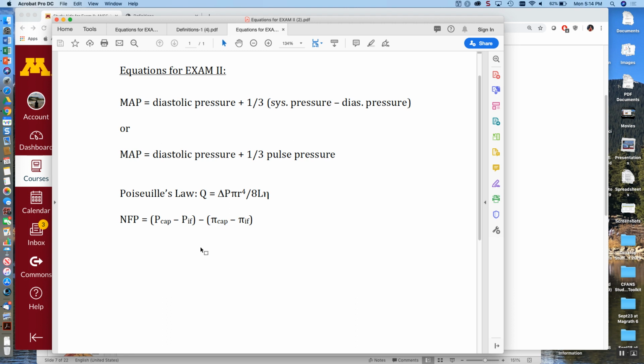So if I give you something that looks like this, PQRS, T wave, right? PQRS, T wave.